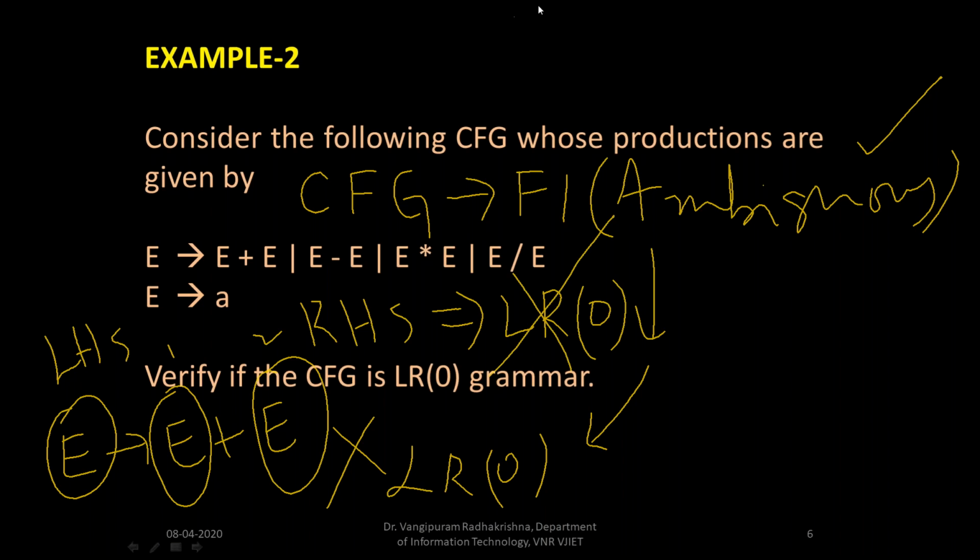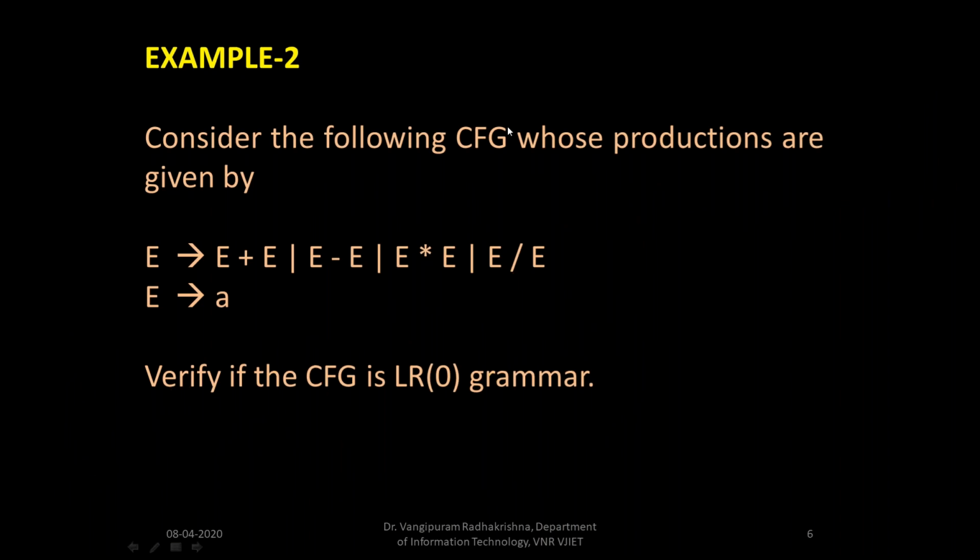This was the property that you applied to verify if a given context-free grammar is LR0 or not in the previous session. Contrary to that one, here we shall see what are the possibilities of identifying if the given grammar is LR0 or not by applying football 2.